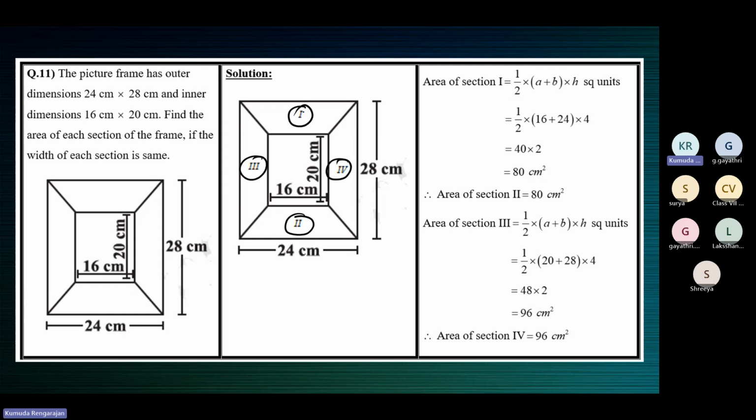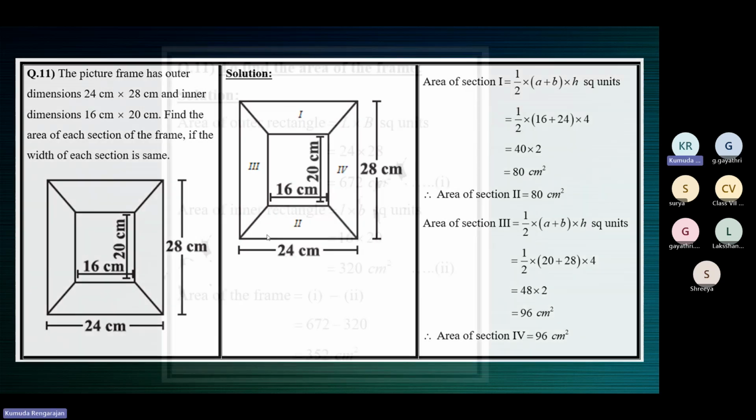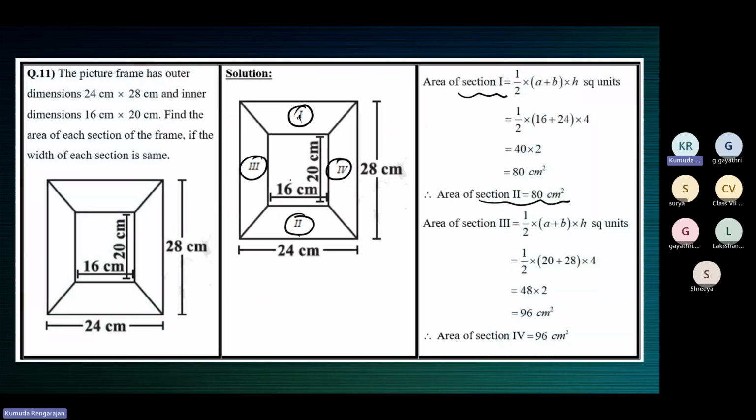I have found the area of section 1, the same as the area of section 2 because opposite sections have the same area. And then I found the area of section 3. The same will be the area of section 4.